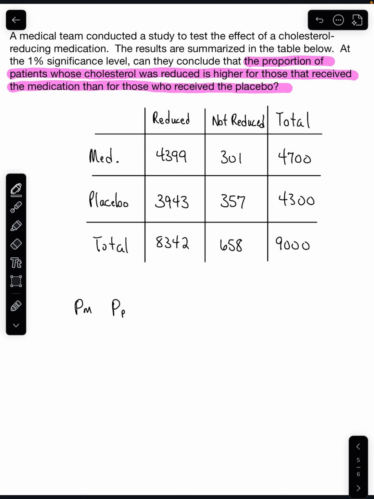And what we would like to see is if this is true, that the proportion of people whose cholesterol was reduced who got the medicine is higher than the proportion of people whose cholesterol was reduced who got the placebo. This would definitely then be our H sub A.